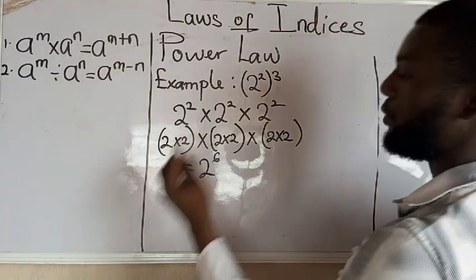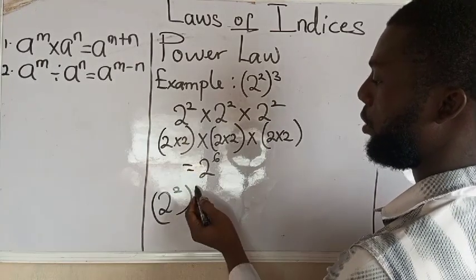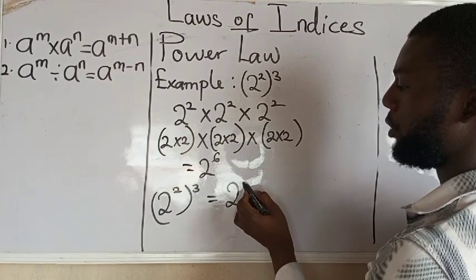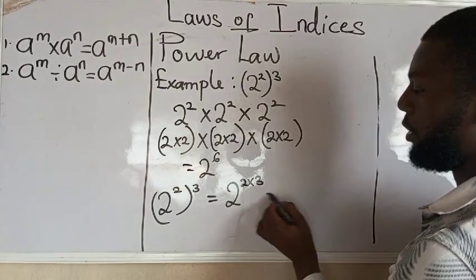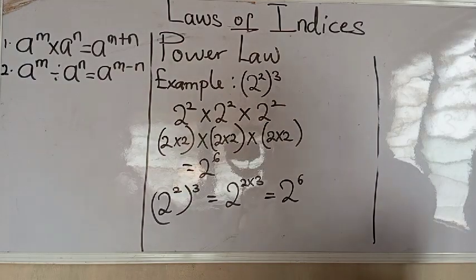And I can as well say 2 raised to power 2, all raised to power 3, equals 2 raised to power 2 times 3, which is equal to 2 raised to power 6. So what does this power law state?